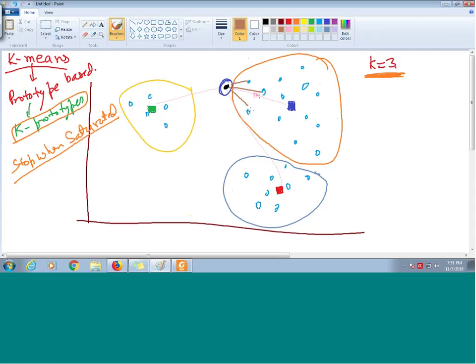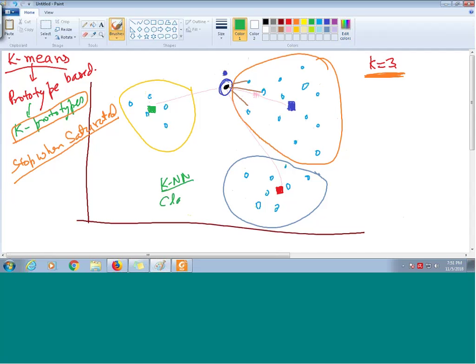And you do the voting, and you see that the classification of this item is again the same, the blue only. So this is the approach to find out the classification. This is KNN.